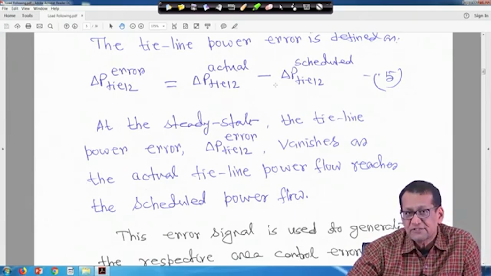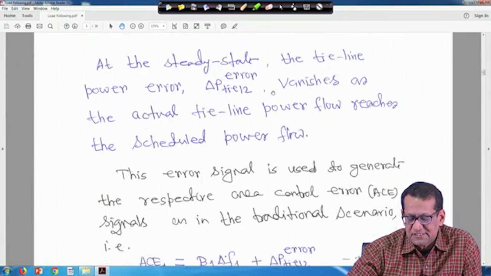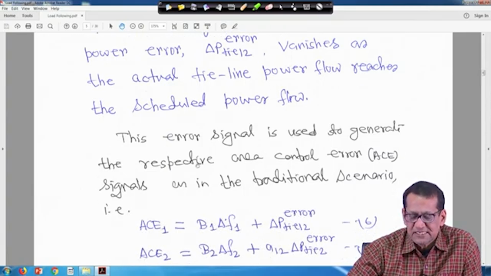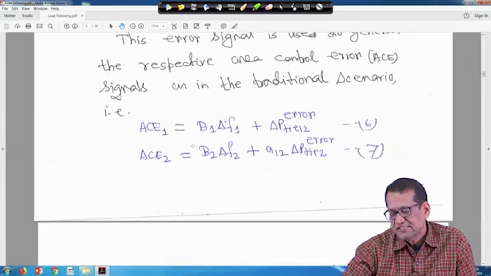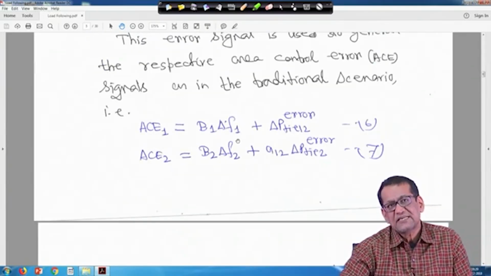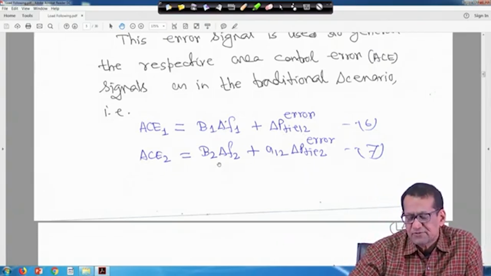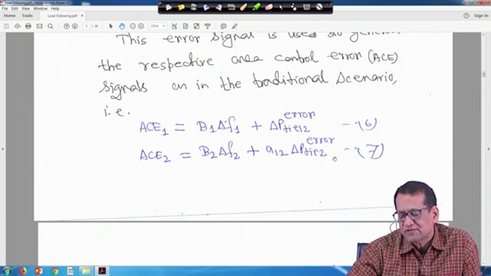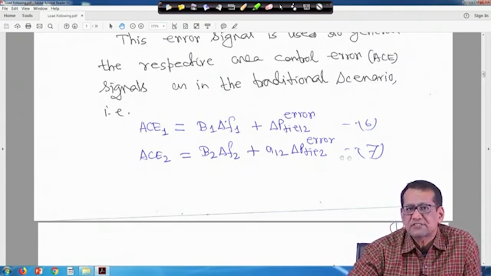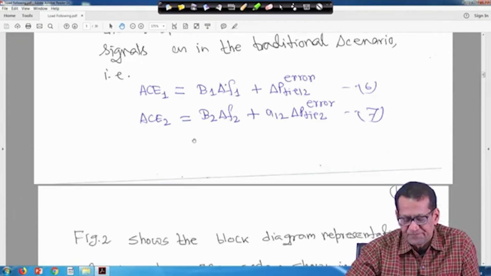Now, changes will come. This error signal is used to generate the respective area control error (ACE) signal as in the traditional scenarios, that is ACE 1 is equal to B 1 delta F 1 plus delta P 1 to 2 error, and similarly ACE 2 will be B 2 delta F 2 plus a 1 2 delta P 1 to 2 error. This is equation 7.